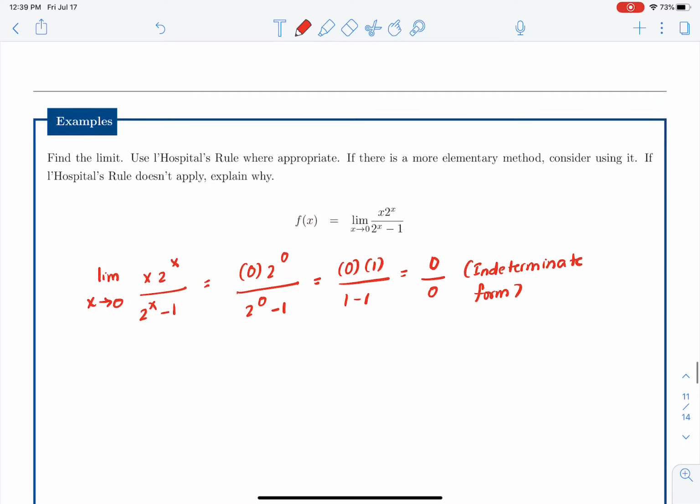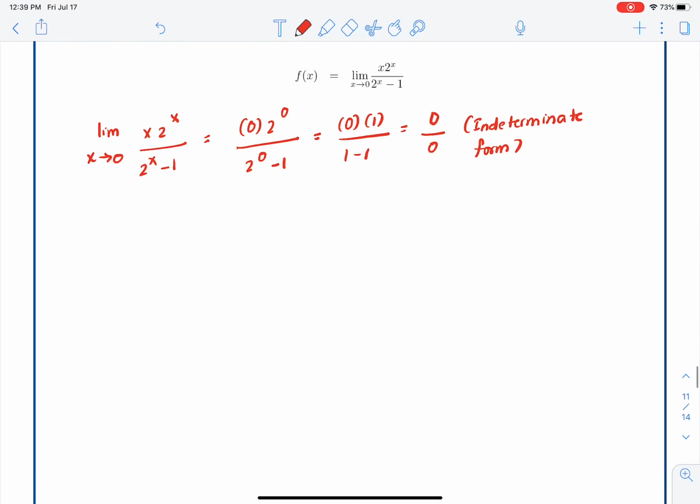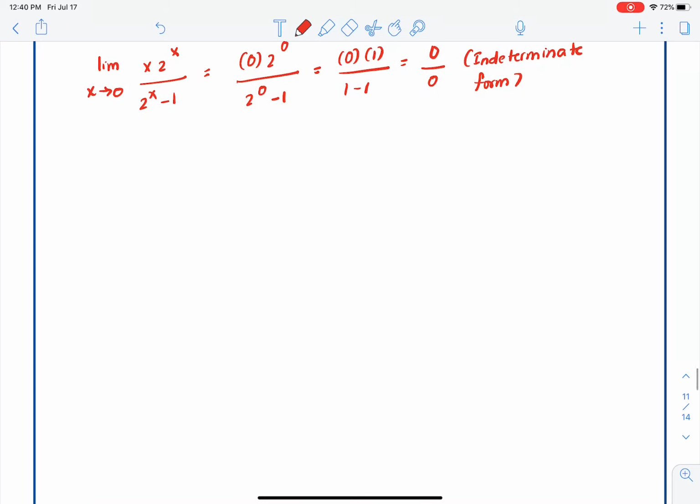So we can use L'Hopital's rule, or we can try to see if there is an elementary approach to this. Probably not. So what we're going to do is use L'Hopital's rule. Limit x approaches 0, x times 2 raised x, divided by 2 raised x minus 1.